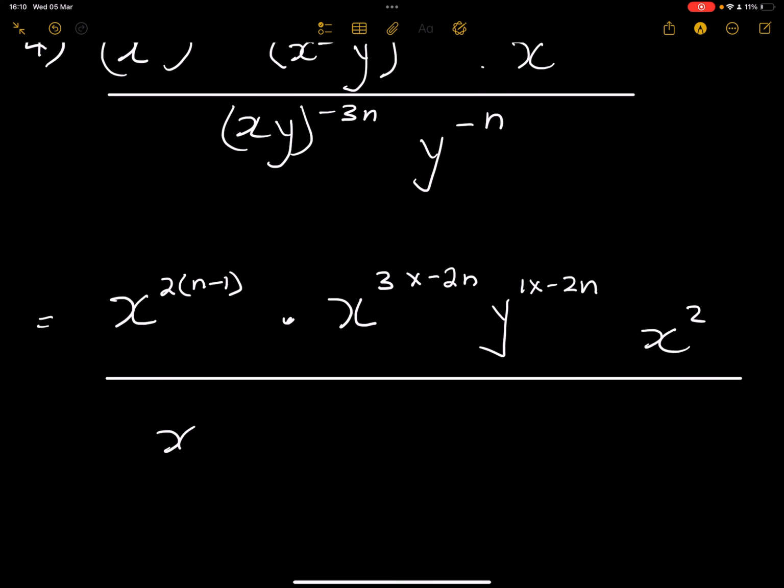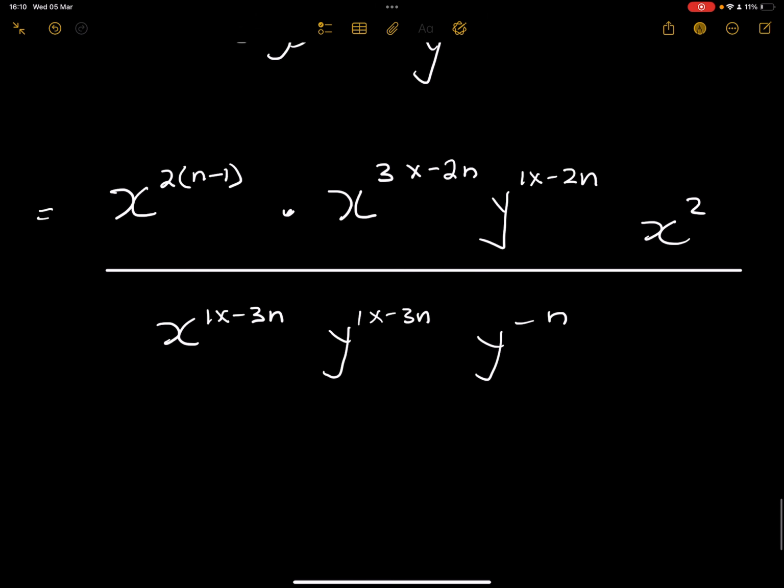Now we've got x, remember we've got a 1 here, so that's 1 multiplied by negative 3n. We've got y, and 1 multiplied by negative 3n, right? And we've got y to the exponent of negative n.